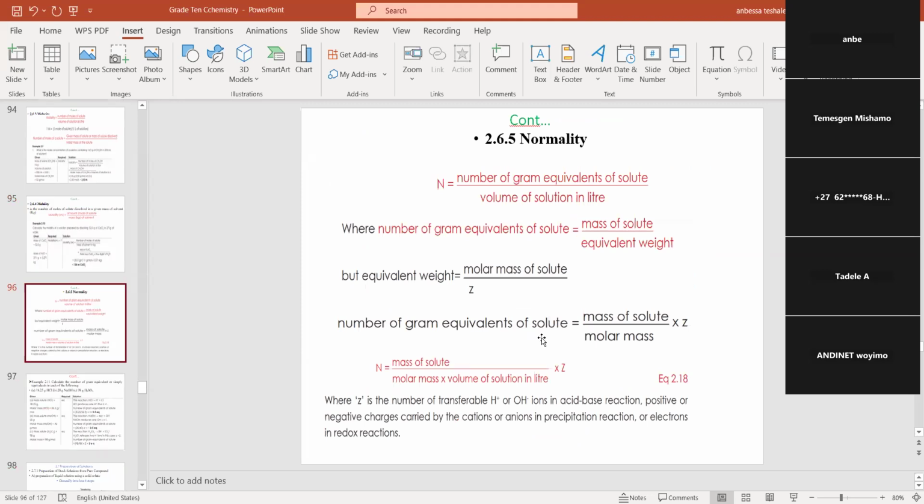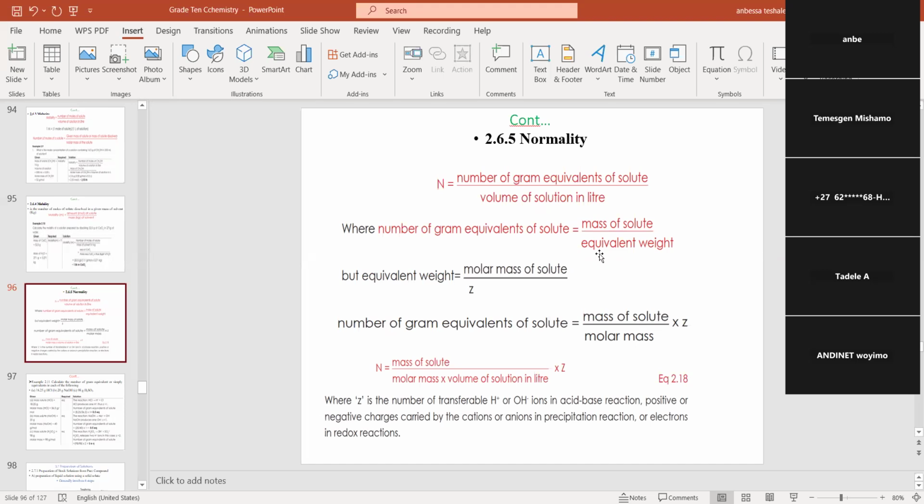When it comes to normality, it is equal to the number of gram equivalent of solute over volume of solution in liter. So how can we get the number of gram equivalent of a solute? Number of gram equivalent is equal to the given mass of solute over equivalent weight.